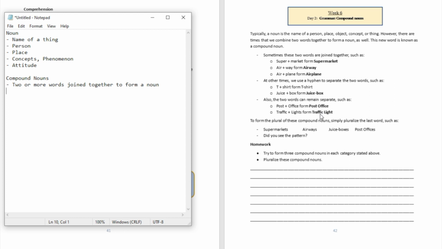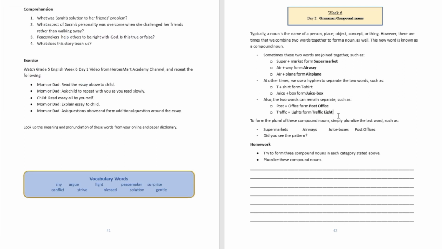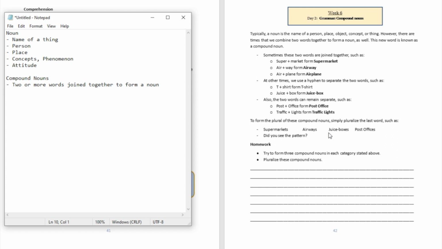Another way to do that is traffic light. Which in this situation there's going to be an S over here: traffic lights. All right. So what happens over there? I'm forming a compound noun from two words without necessarily joining the words together. So try to understand these different scenarios. Well, how do I know when to join the words together? How do I know when to put a hyphen over there?